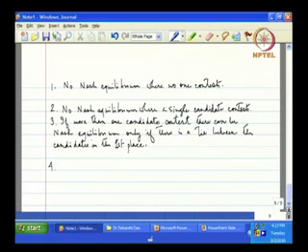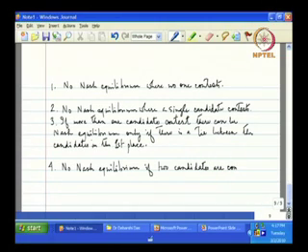Fourthly, we are going to propose that there is no Nash equilibrium if there are only two candidates who are contesting the elections.